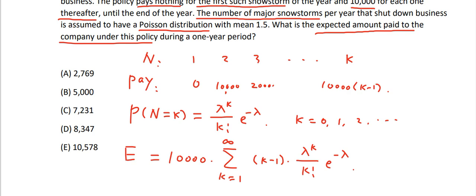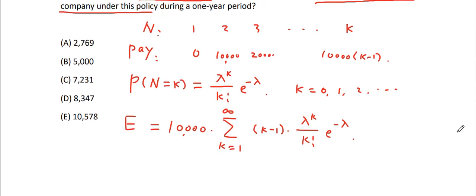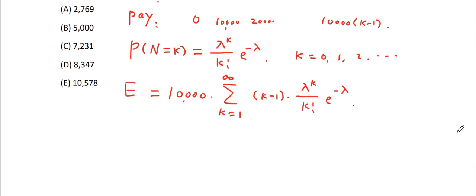Okay. So here we need to evaluate this summation. Forget this 10,000 for now. We should use the information about the Poisson distribution. Suppose x is Poisson. Then the expected value of x equals lambda, right?